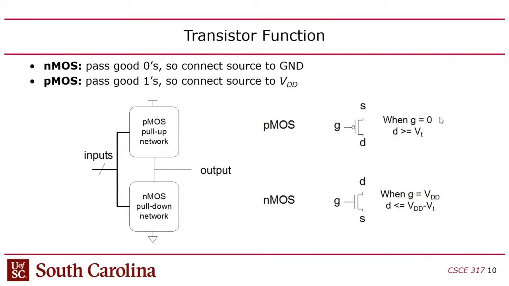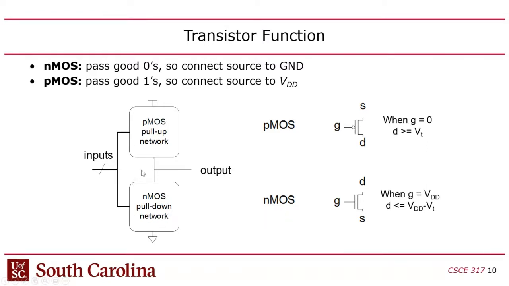Okay, so now once you have the transistors, how do you build gates? CMOS logic is complementary metal oxide semiconductor. It's complementary because you have one PMOS and one matching NMOS for each input into your gate.